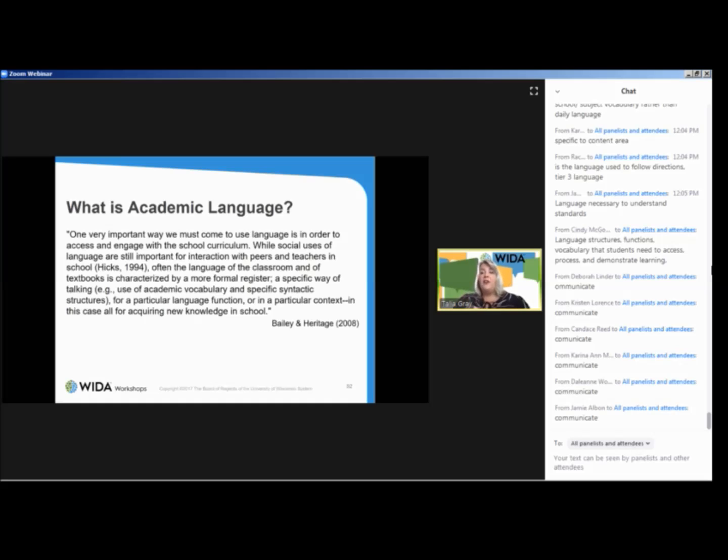And that's where those vocabulary words and specific syntax come into play for a particular language function or a particular context. This is all for acquiring new knowledge in school. So that academic language is our bridge between language instruction and content instruction.